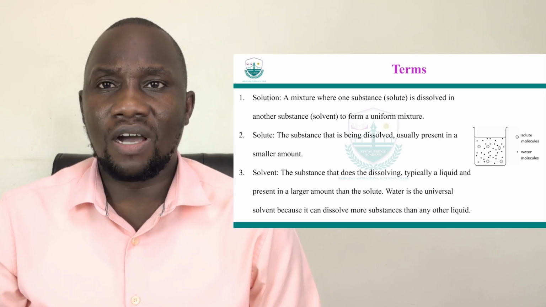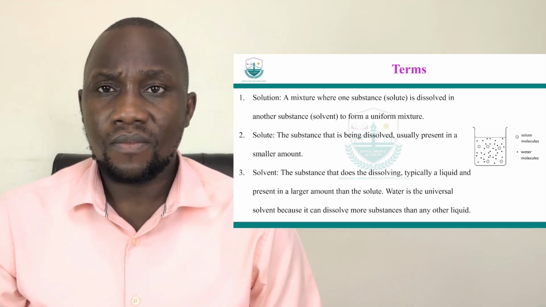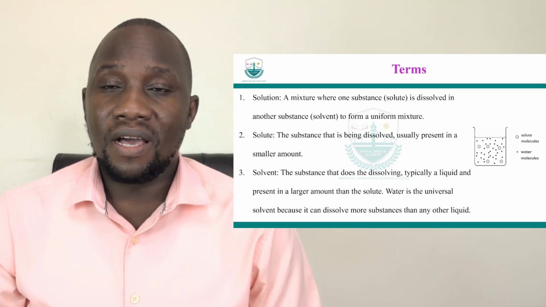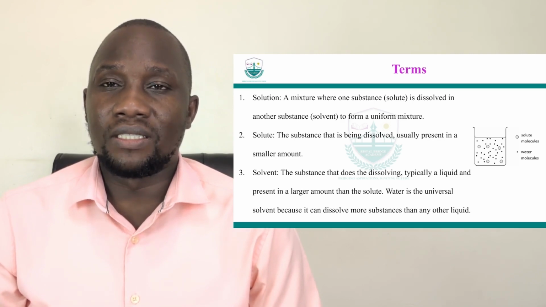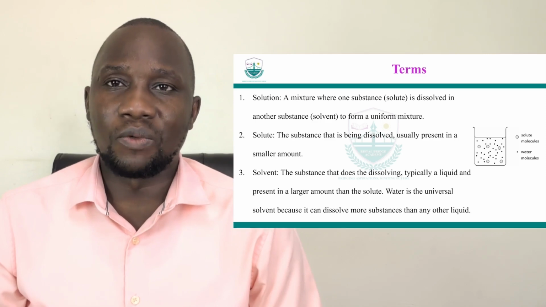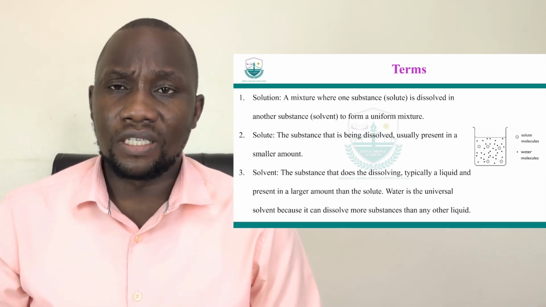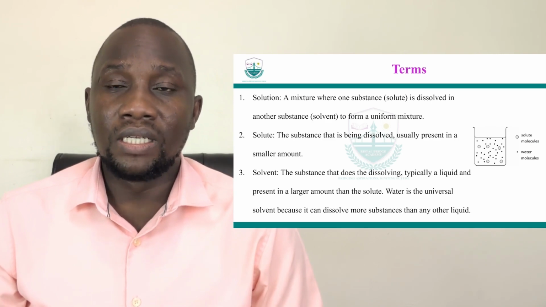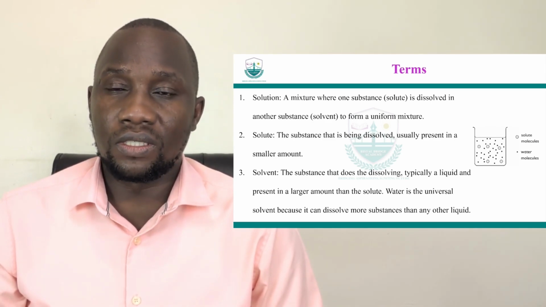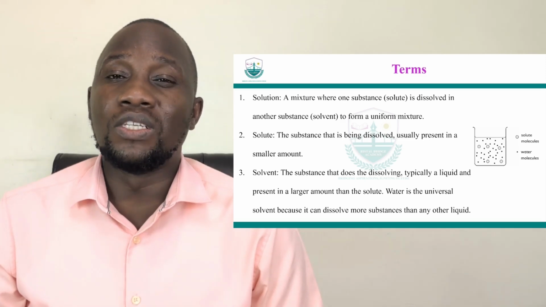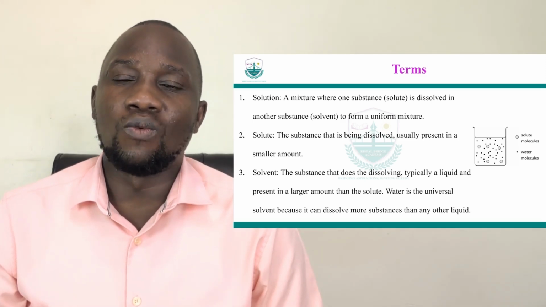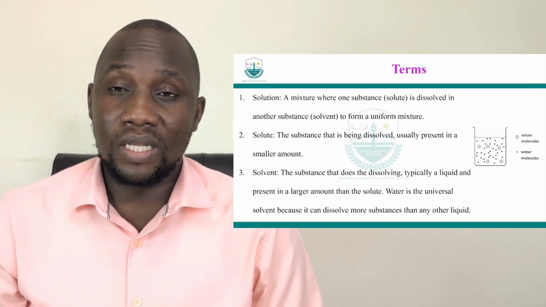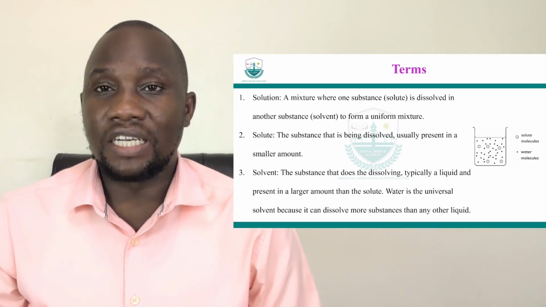So for example, if you have a beaker with water, the water is the solvent. We actually say water is a universal solvent, because if we add sucrose to that water, that sucrose is the solute, it will dissolve in the water, and that will give us what we call a solution. So those are terminologies that we need to understand from the start.